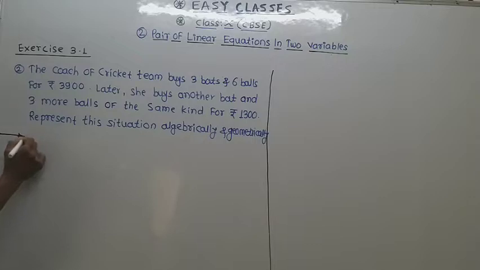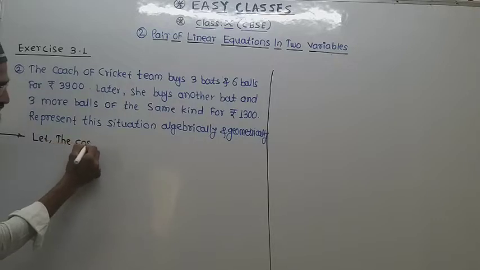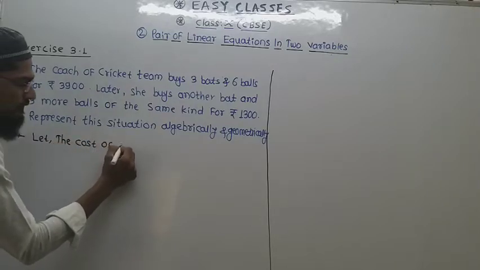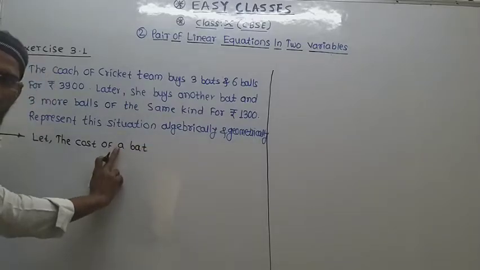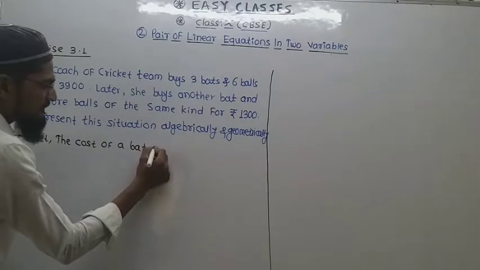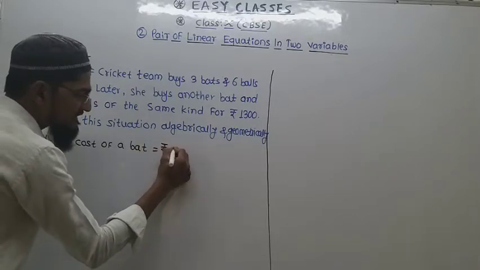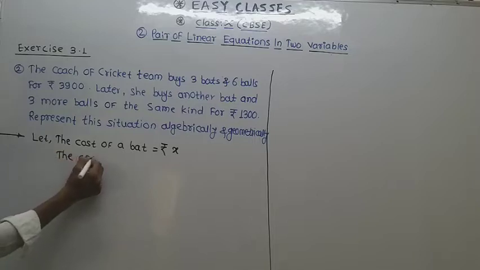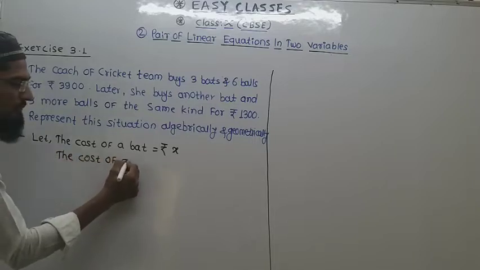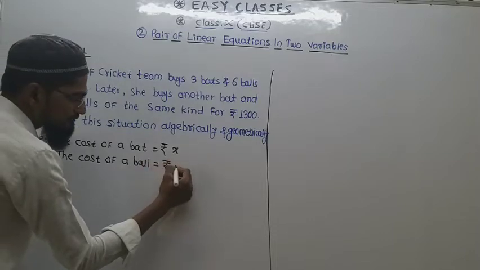So right here, let the cost of a bat, or one bat, be equal to rupees x, and the cost of a ball be rupees y.